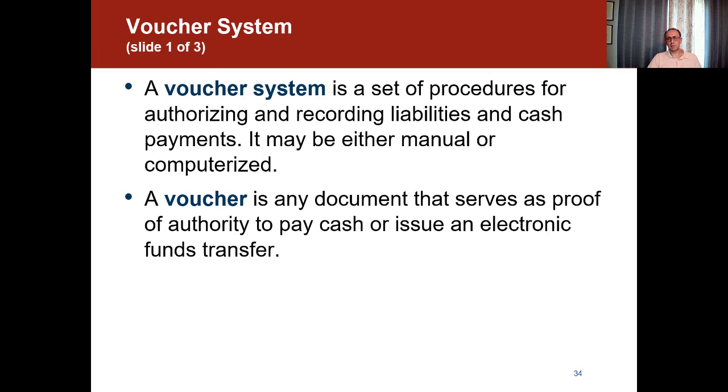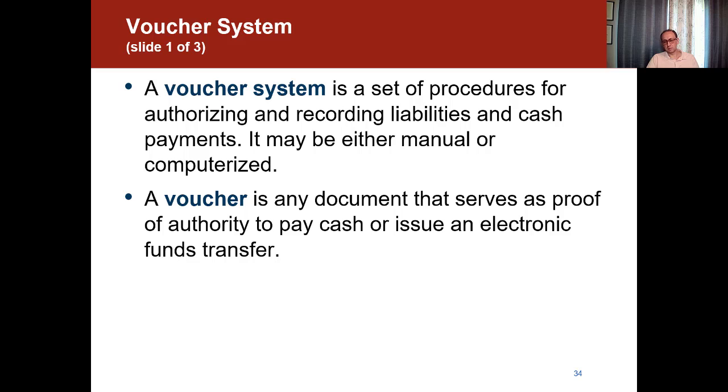So when we're talking about cash payments, there's something called the voucher system. A voucher system is a system created within any business to keep track of the purpose of a payment and make sure that it's recorded properly based on what we should pay. So a voucher system is a set of procedures for authorizing and recording liabilities and cash payments. It may be either manual or computerized.